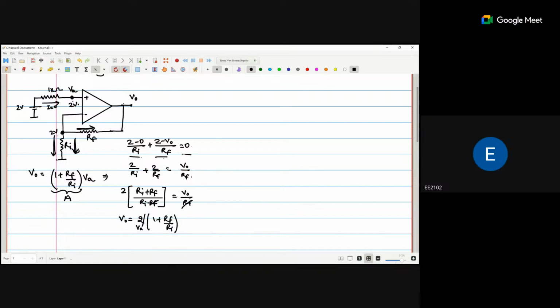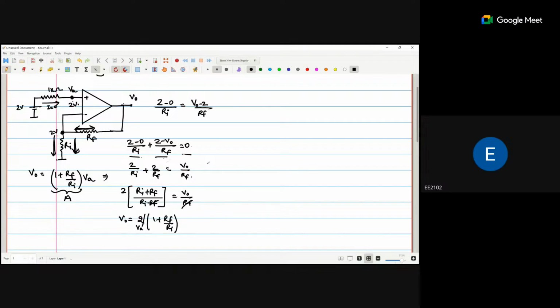If I say this is the incoming current, for example if V naught is the higher potential, then the equation will be: outgoing current is equal to incoming current. So 2 minus 0 upon Ri is equal to V naught minus 2 upon Rf.